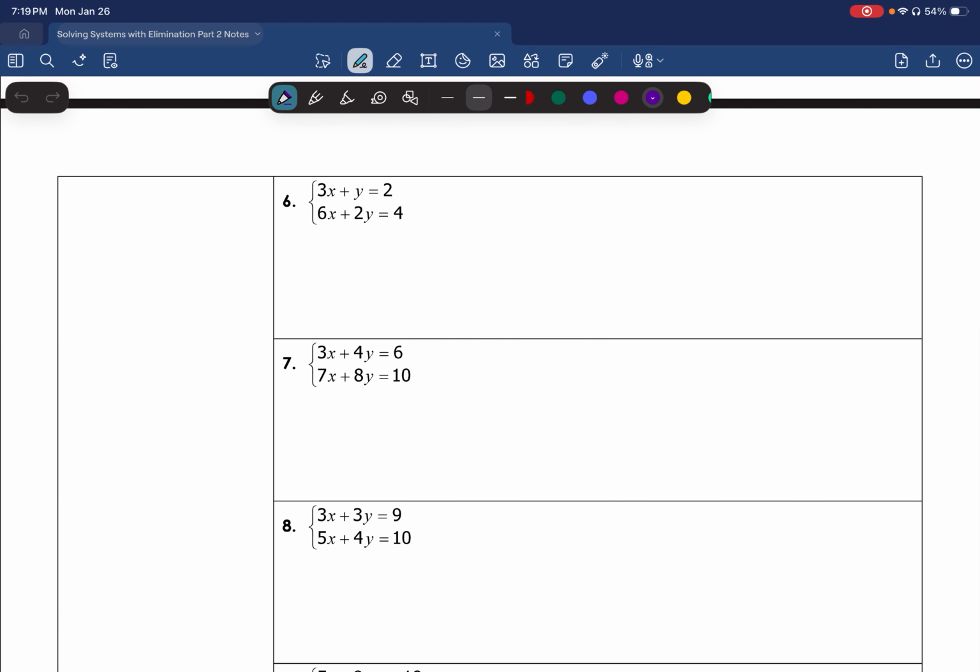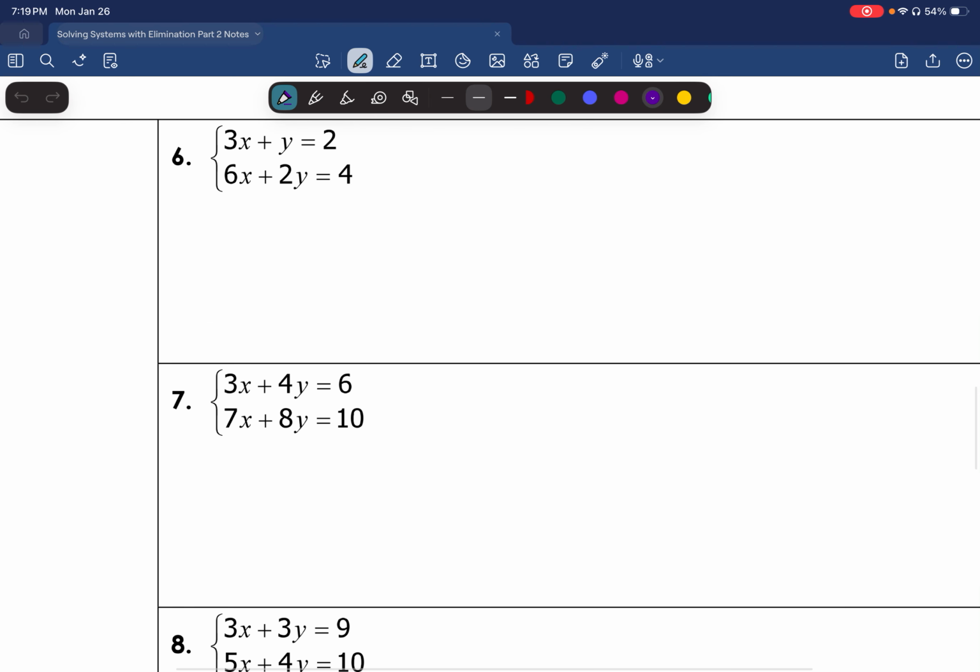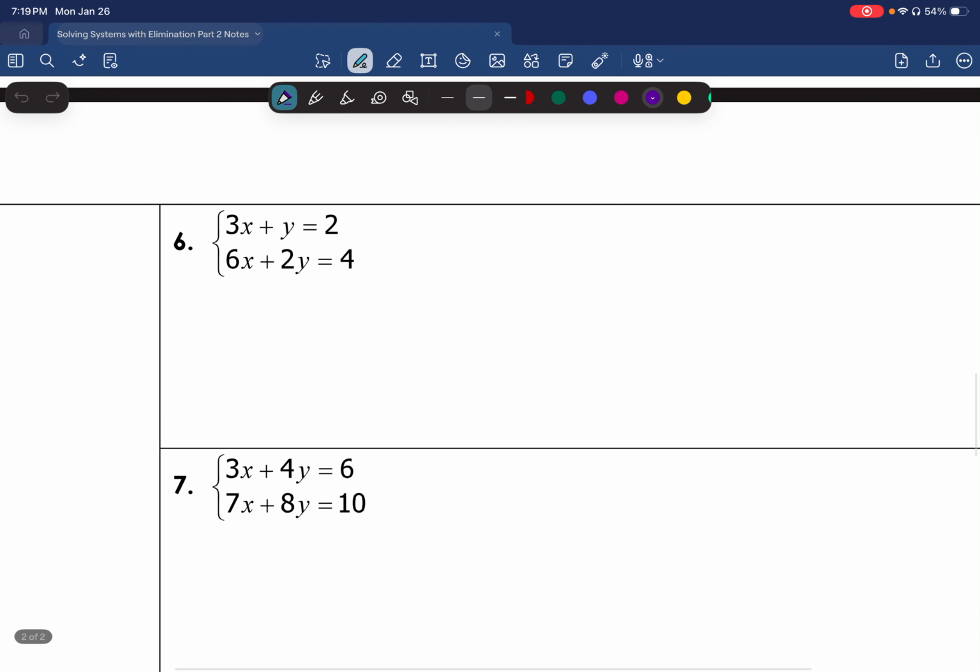There are multiple numbers that you can multiply the equations by. So you could theoretically do -1/2 on the second equation, or you could just multiply by -2 on the top equation. I'm going to multiply by -2 so I don't have to do any division.